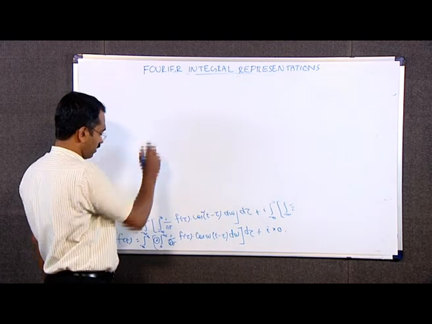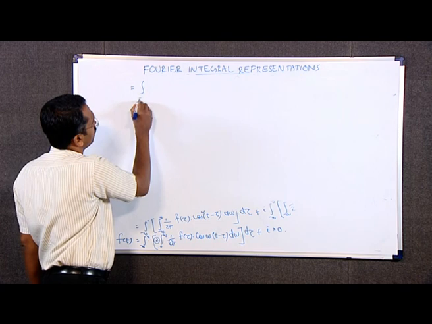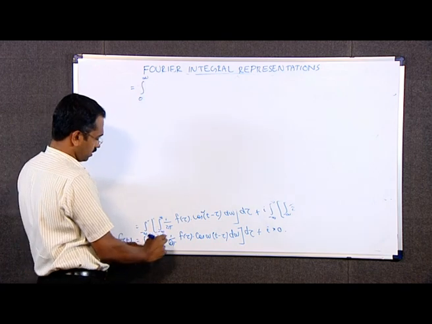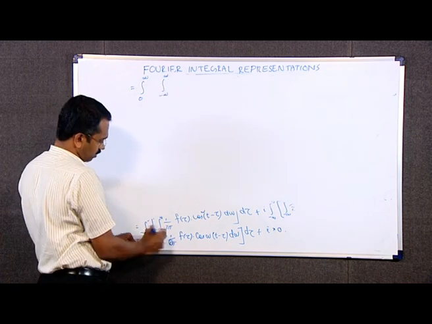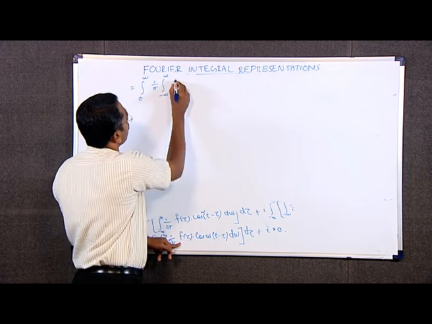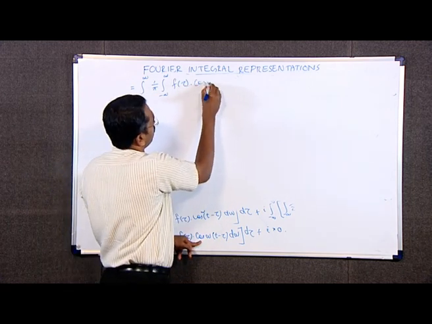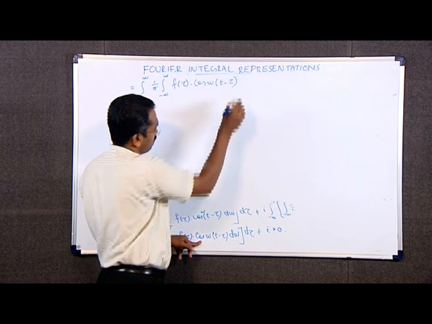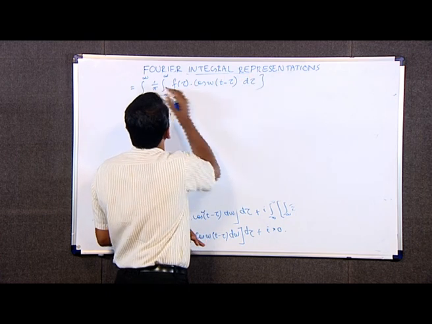By changing the order of integration, we can write this as f of t equal to the integral from 0 to infinity, integral from minus infinity to infinity. This 1 by pi can be taken outside, f of tau into cos omega (t minus tau) d tau d omega.